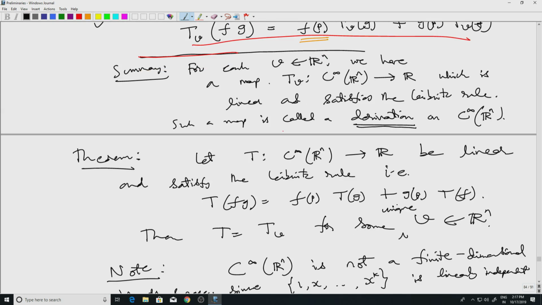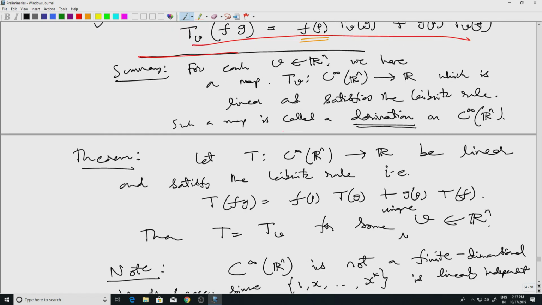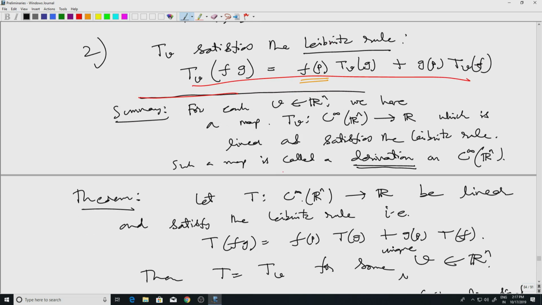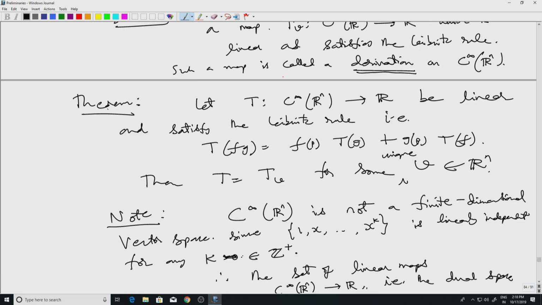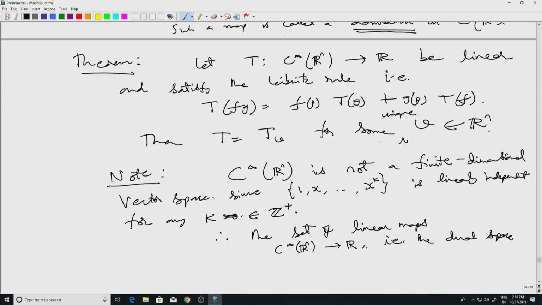However, in this condition we are looking at not just linear maps, but linear maps satisfying this very special property of the Leibniz rule. This severely cuts down on the number of maps, and as it turns out, that is the content of this theorem, that the set of derivations is in bijective correspondence with R^n.